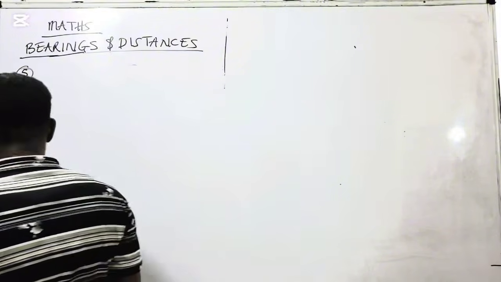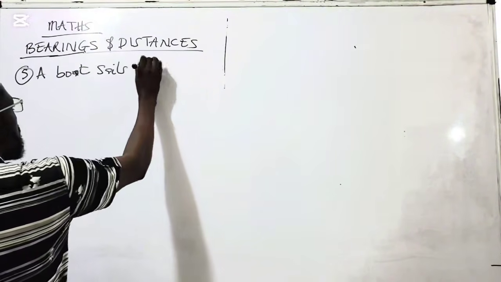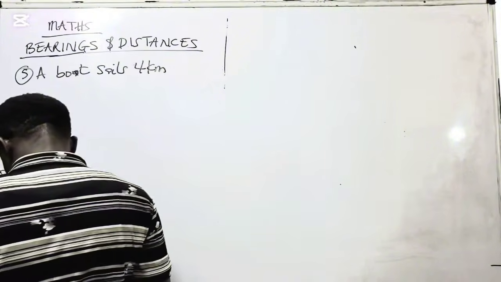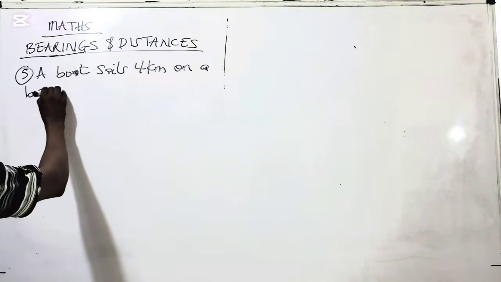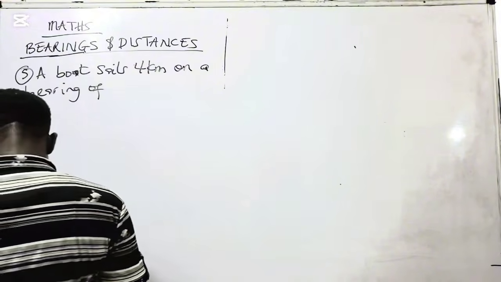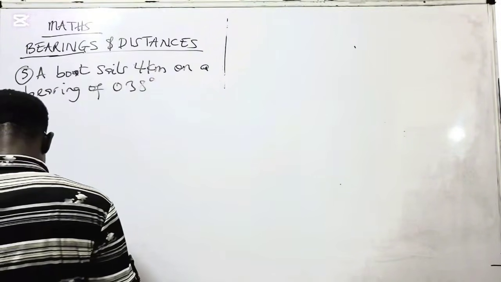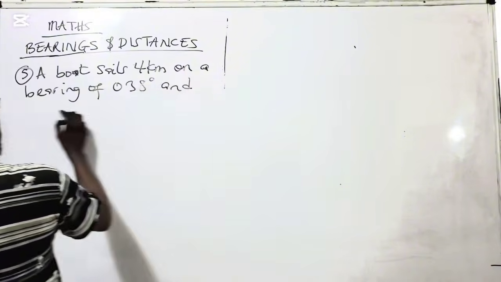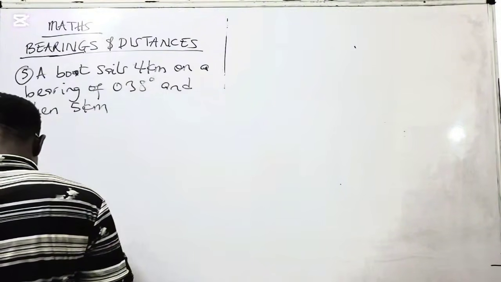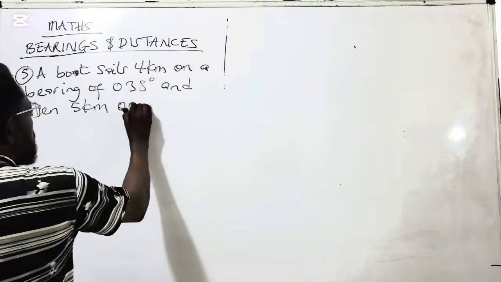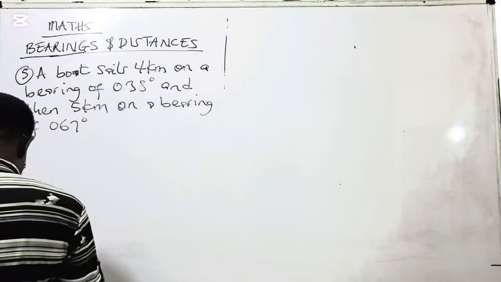The boat sails 4 kilometers on a bearing of 038, and then 5 kilometers on a bearing of 067.